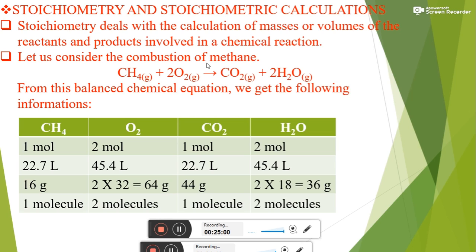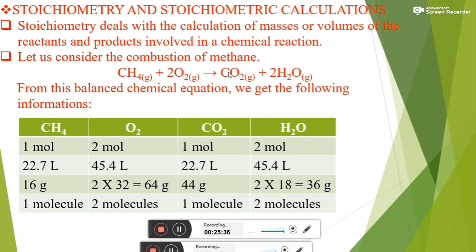So the equation is CH4 in the gaseous state plus 2O2 in the gaseous state gives CO2 in the gaseous state plus 2H2O in the gaseous state. From this balanced chemical equation, we get the following information. Before CH4 it is 1, so 1 mole of CH4. Before O2 there is 2, so there are 2 moles of oxygen.